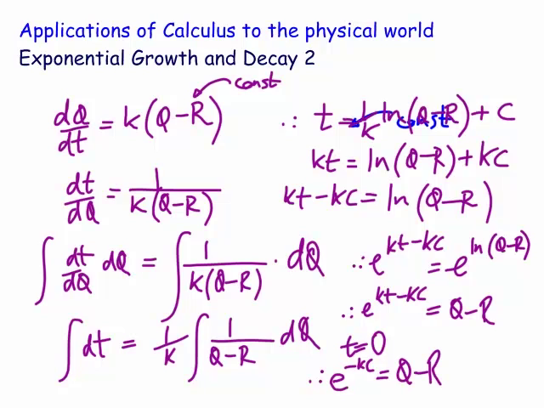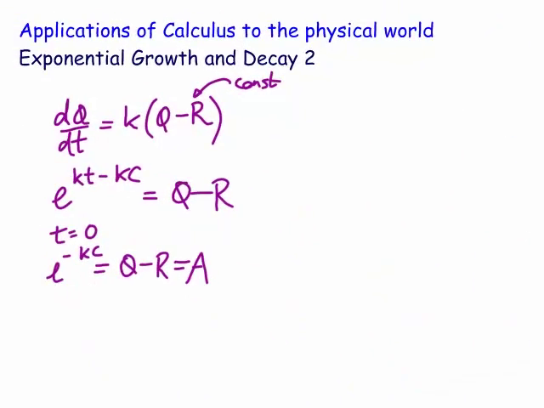We can let this be some other number. Initially, let's let it equal a, for instance. So e to the minus kc is some value a, another constant, which is the difference between Q's original temperature, for instance, and the room temperature. If you like, think of r as the room temperature.